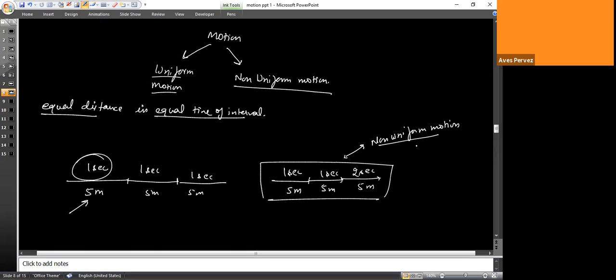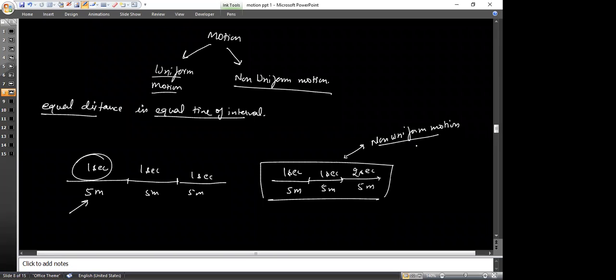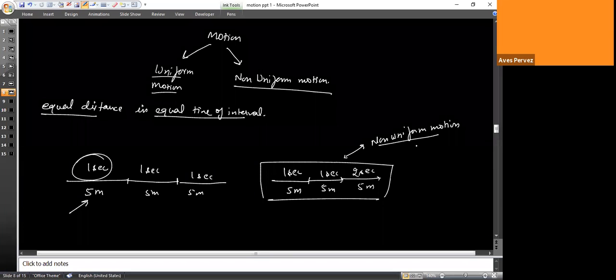Did you understand what the statement means, equal distance in equal time of interval? You need not write or memorize a lengthy definition. Just learn the keywords.